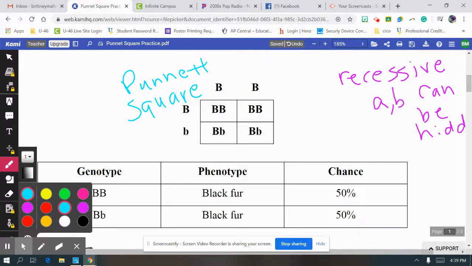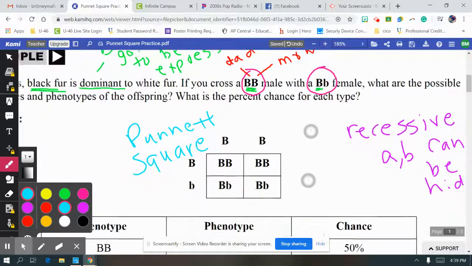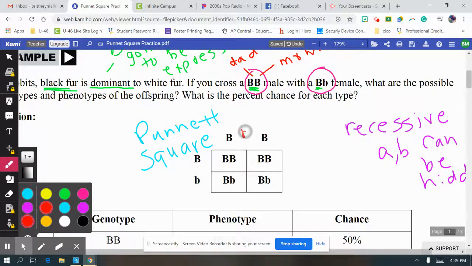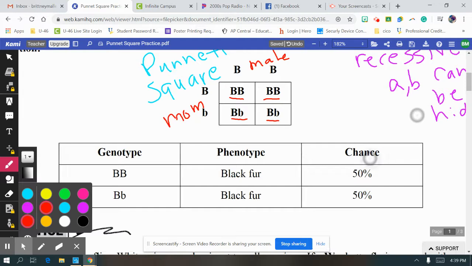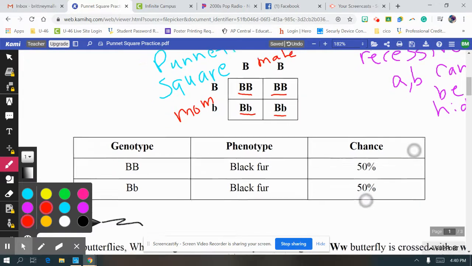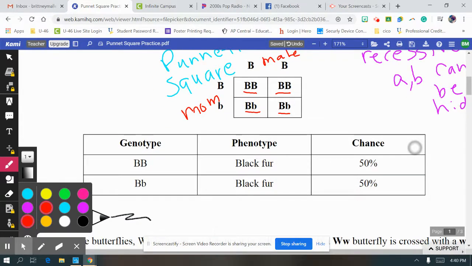For example, we have the male, I believe it was, the dad on the top of your Punnett Square and the mom on the side. When you cross those, each one of these boxes represents a potential offspring and what genes they would have. Then the table below that shows a breakdown of what those genes mean.